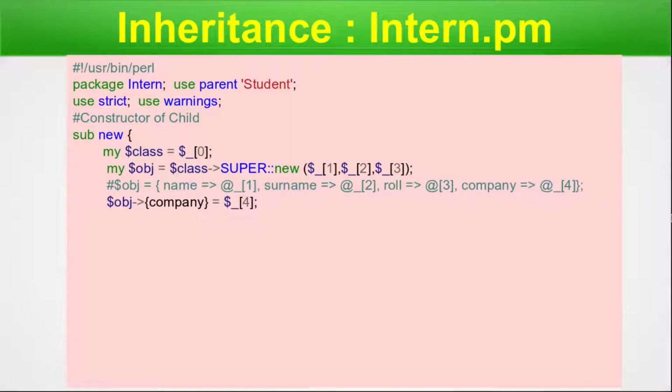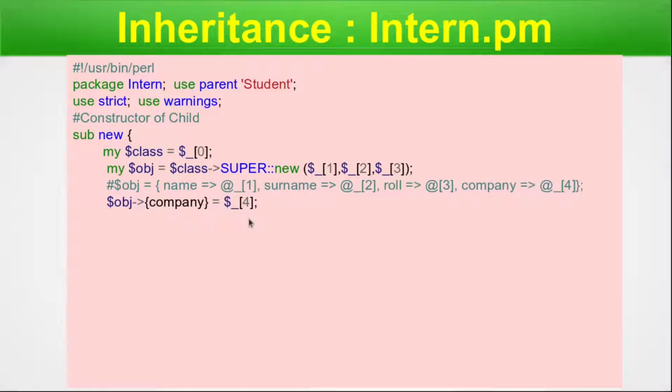Now we write obj company is 4. So we have an additional attribute here that is not in the parent, that is in student. This company was not there, because in an internship you get a company name, right, in which you bagged the internship. So definitely this fourth argument is coming, 1 2 3 4, apart from the class name, I am not talking about it.